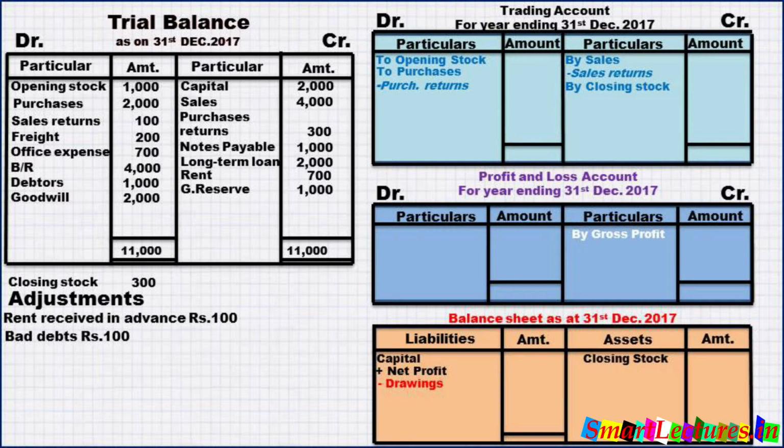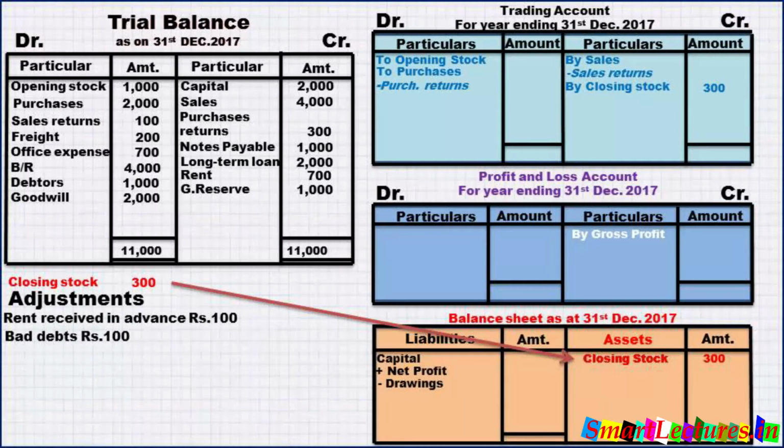So first of all, let's take the items of adjustments. Number 1, closing stock 300. You know it very well about the adjustments. If you take up any item out of the trial balance, that always hits twice, one on the debit side and one on the credit side. So closing stock will go to the credit side of trading account and the debit side of balance sheet, means asset side.